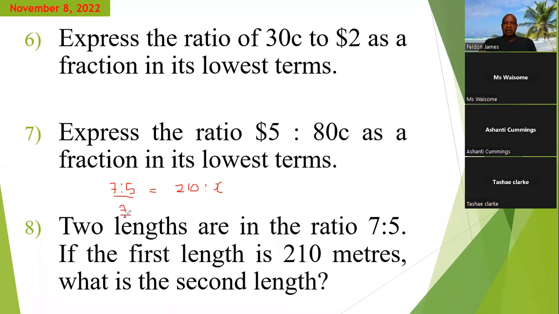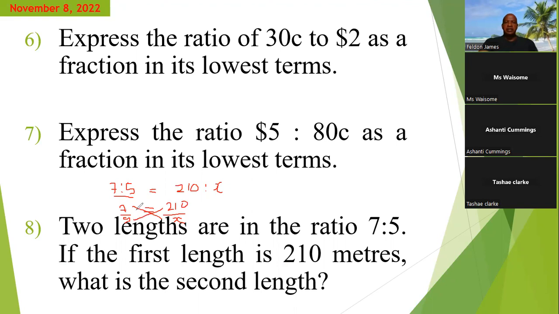And on the right-hand side, we would write 210 over x. Okay, continue. From here, we cross multiply. So I have the denominator of 5 times 210, and then the x times the 7.